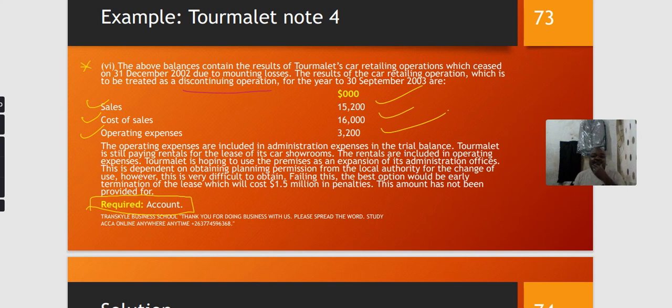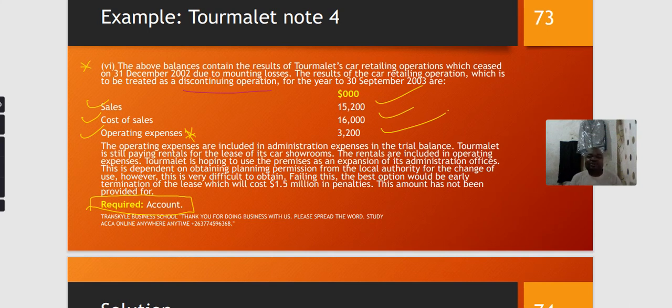The operating expenses are included in administration expenses in the trial balance. Tourmalet is still paying rentals for the lease of its car showrooms. The rentals are included in operating expenses.